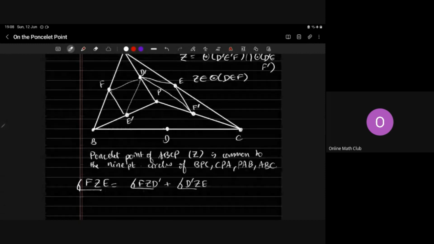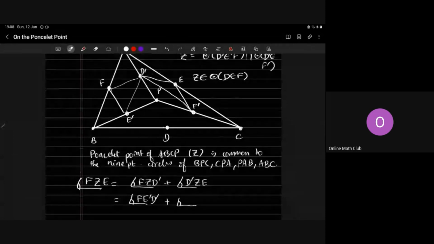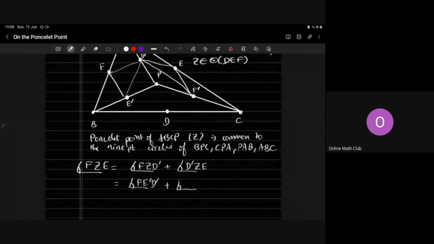Now again, from concyclicity, you can get FZD prime is equal to FE prime D prime, plus angle D prime ZE equals D prime F prime E.